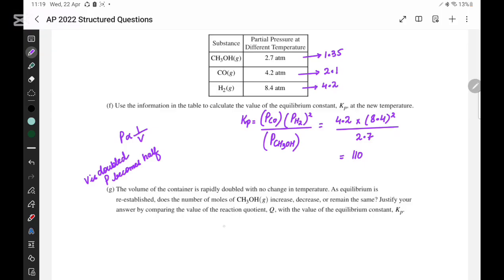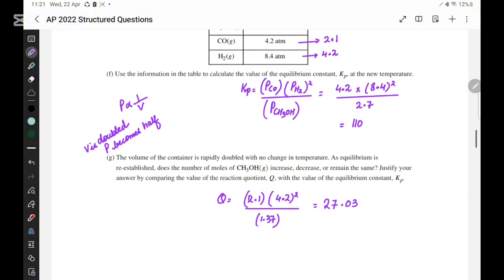So Q here, by putting the values in the above equation, would be 2.1 for CO, for hydrogen 4.2 whole square, and for PCH3OH it becomes 1.37. So the Q comes out to be 27.03.